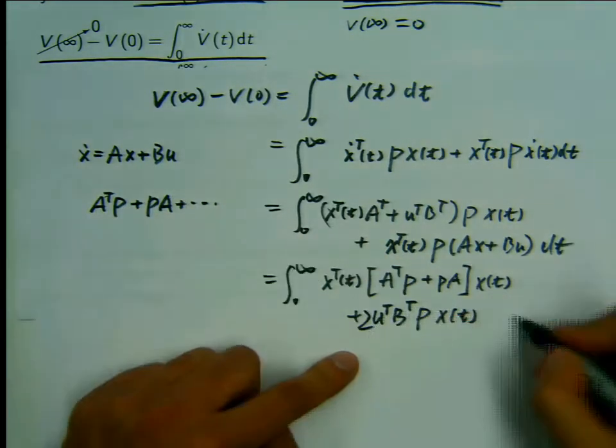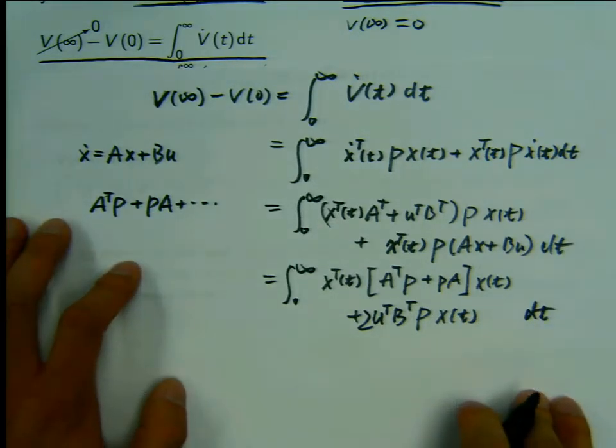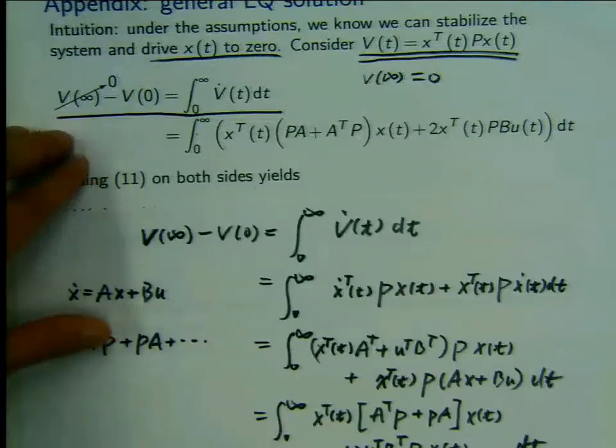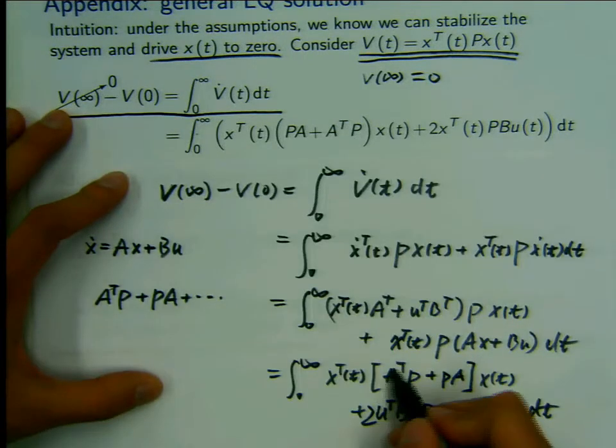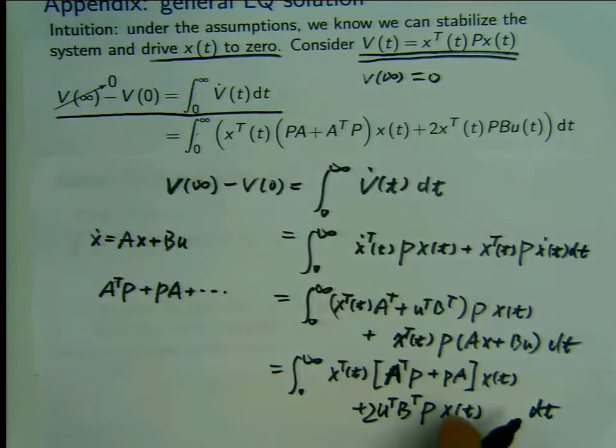So I'm going to get 2 here. Okay? So here, if you do this step, then you see we are having something that looks very similar to a Riccati equation structure.